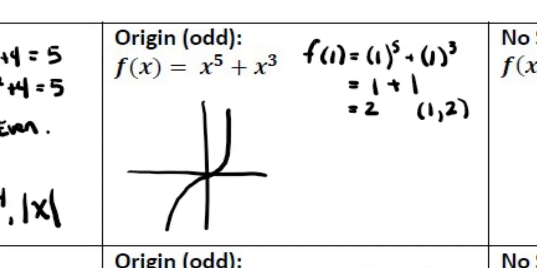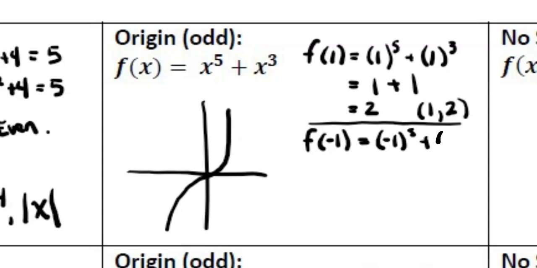If I put in f of negative 1, then I get negative 1 to the 5th power plus negative 1 to the 3rd power. This time, negative 1 multiplied an odd number of times gives us negative 1, and the same for the 3rd power.